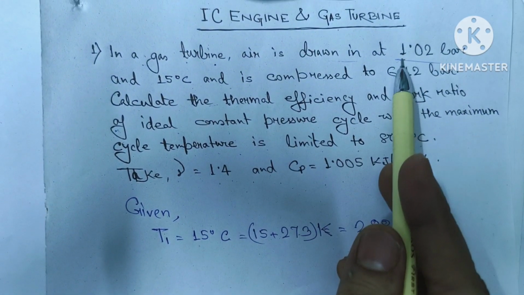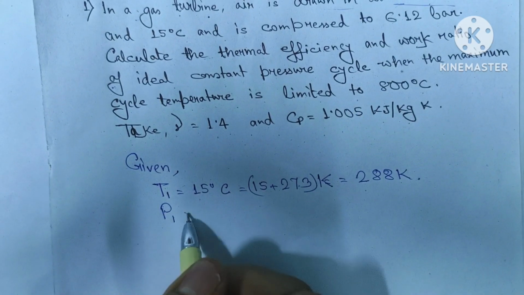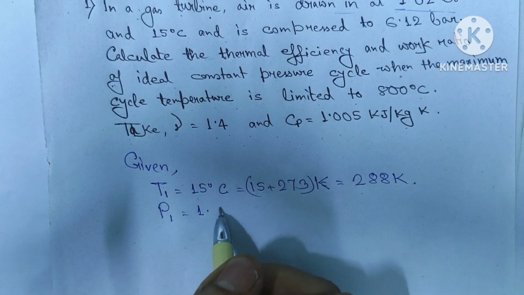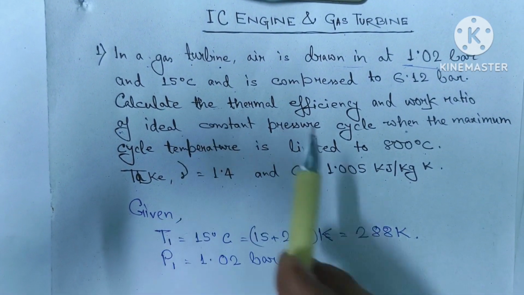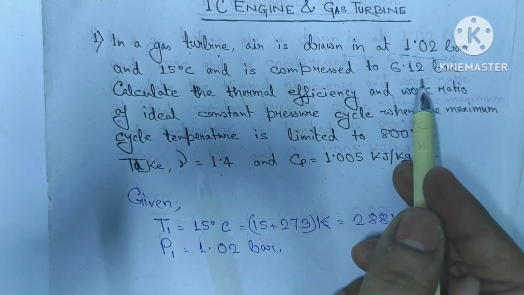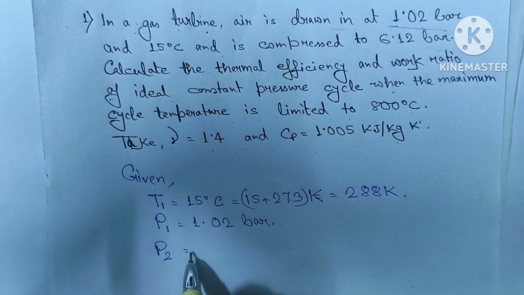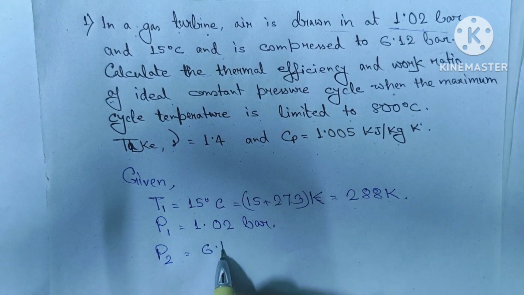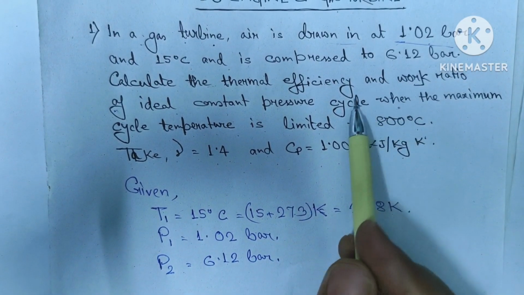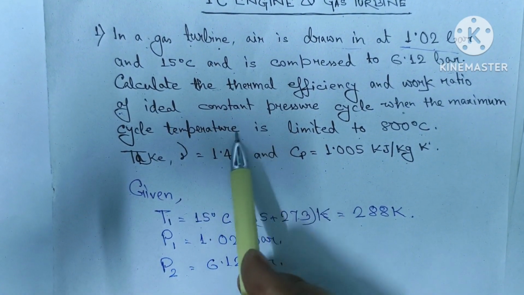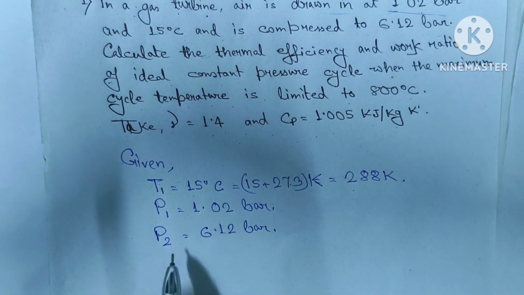Now P1 is 1.02 bar. So let me write P1 equals to 1.02 bar. Next it is given after compression the pressure is 6.12 bar. So that is P2 is 6.12 bar, and the next one is the maximum cycle temperature is limited to 800 degree centigrade.